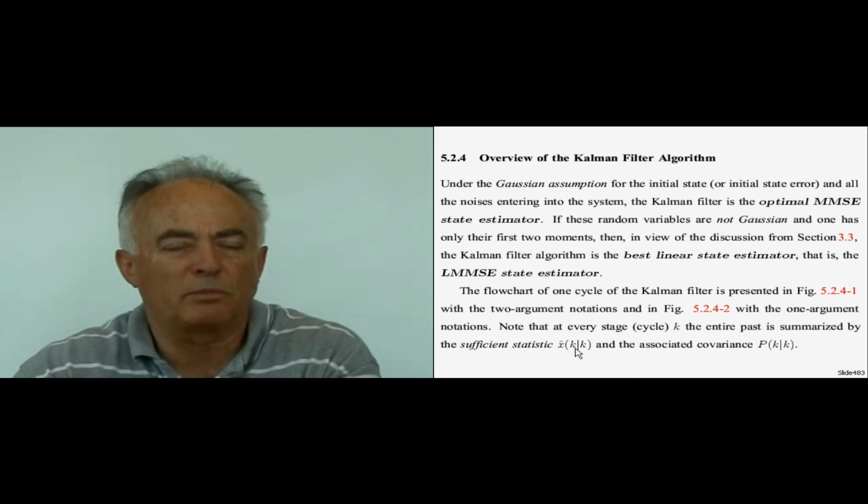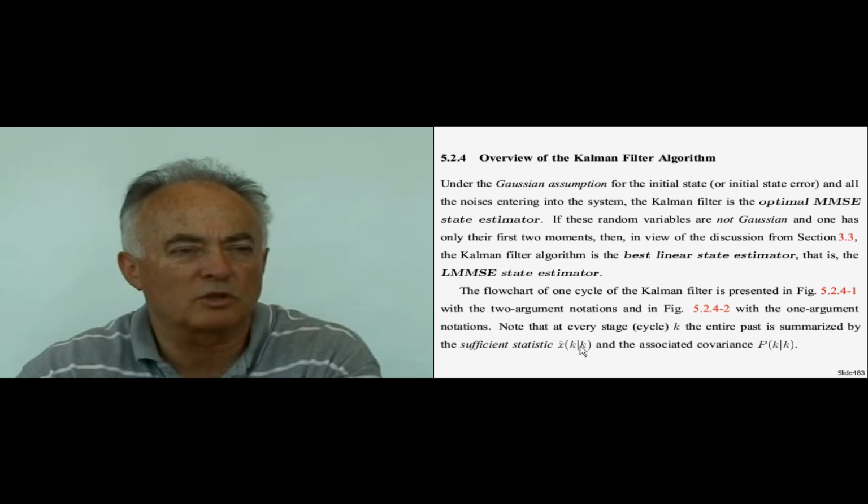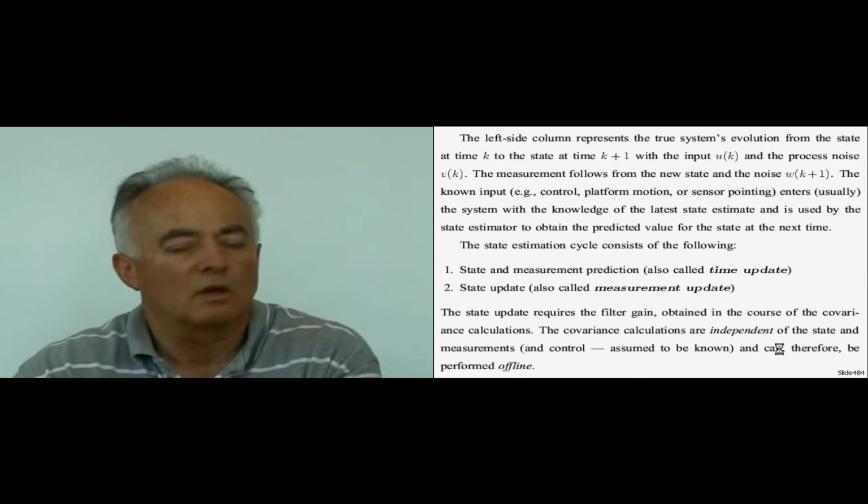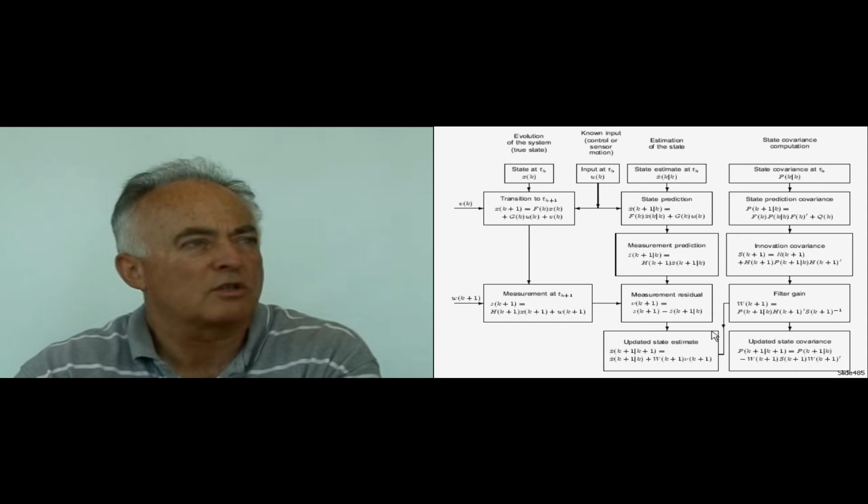The data up to the previous time are all summarized by a state estimate and associated covariance. Here is the chart. We have four columns. On the left hand side, we have the evolution of the system, the true state. We start with state at tk, that's denoted by xk. It undergoes a transition to tk plus 1.